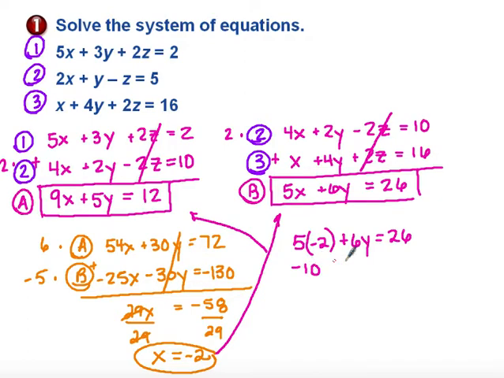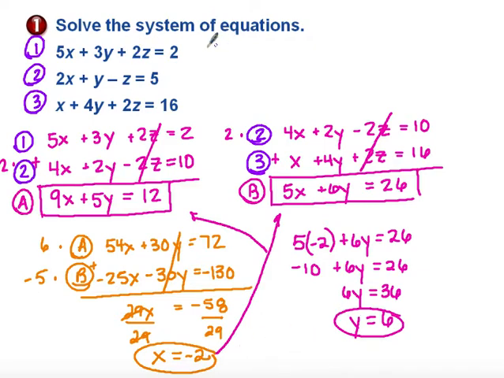That gives me negative 10 plus 6y equals 26. Take that 10 to the other side, gives me 6y equals 36, and y is equal to 6. So now I found x and I found y.